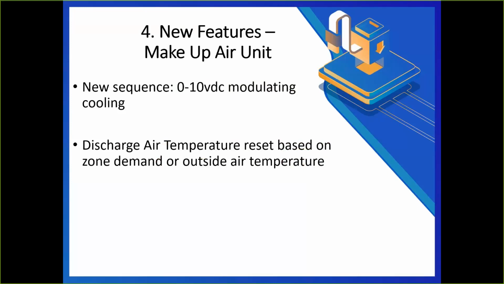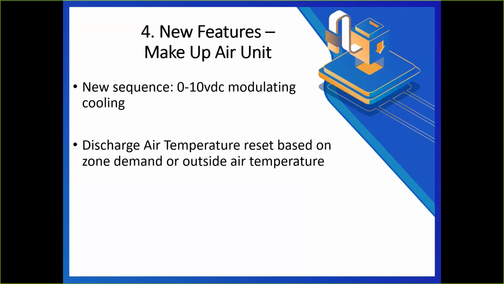All right, makeup air. So not a huge change on this. Still going to have our discharge air temperature reset based on zone demand or outside air temperature. But as you may recall, previously we had a single analog output, but it was a staged output.